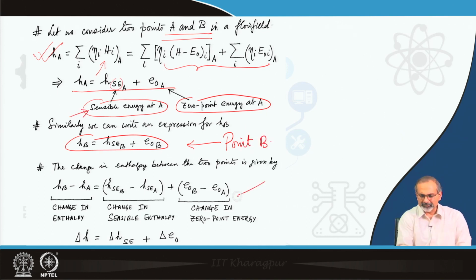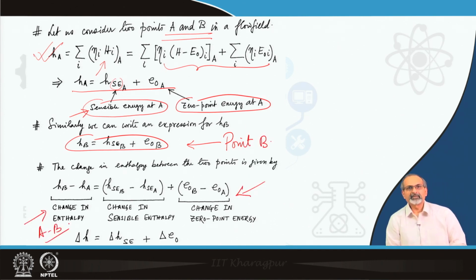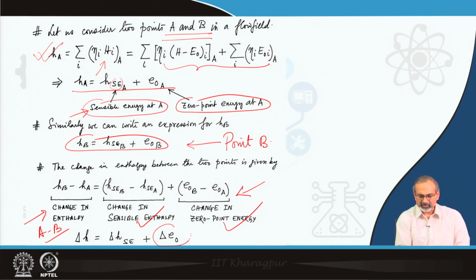Now, if you take a difference, that gives you the change of enthalpy between the points A and B, and that is expressed in terms of change in sensible enthalpy between the 2 points and the change in 0 point energy, which basically means you do not any longer have to calculate the absolute value of the 0 point energy, but you just need to evaluate the difference. So, this is an equation involving the differences.